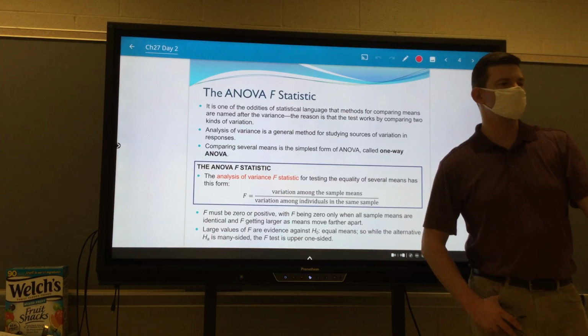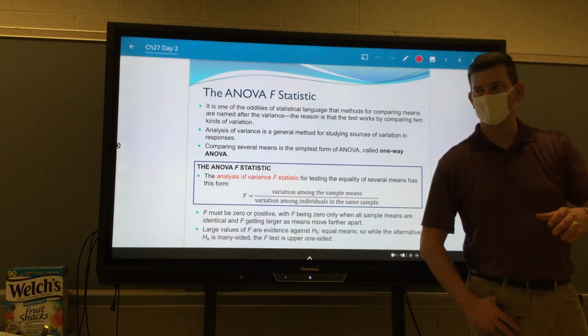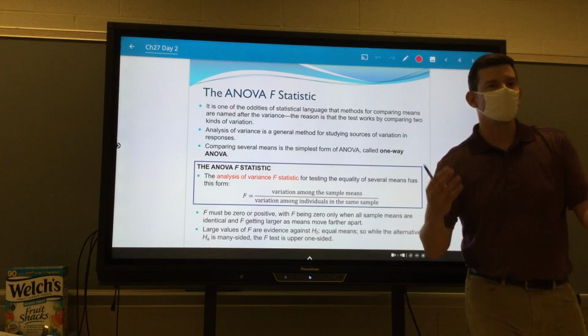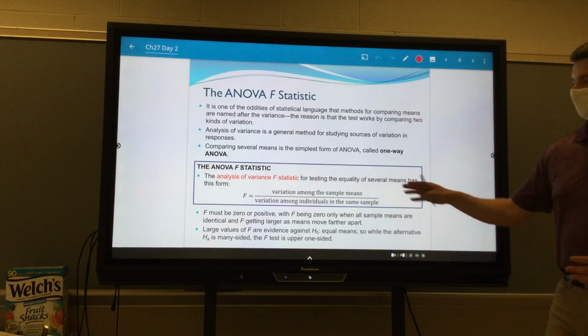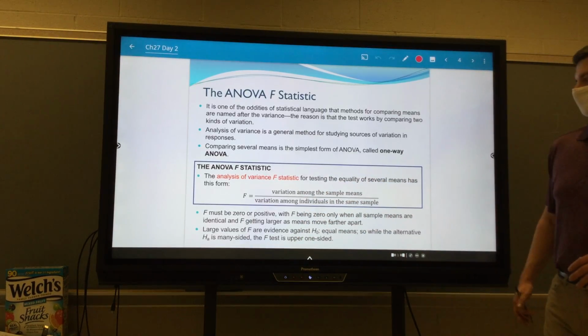We made some conclusions from that. P is low, reject the null hypothesis, that the means are not all the same. Now, we're going to get into a lot more detail about that F distribution today.